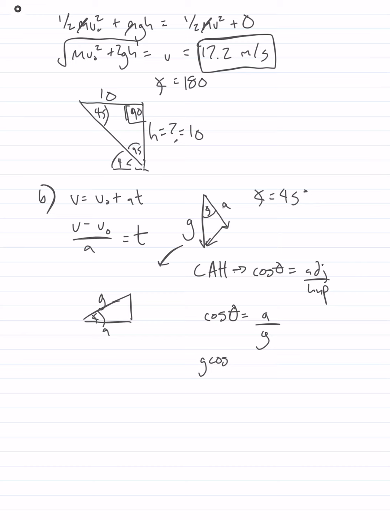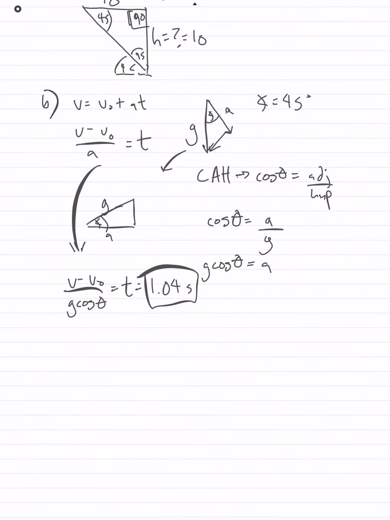So g cosine of theta is equal to a. So we can plug that in up here, giving us t. I'll just rewrite the equation very quickly. v minus v0 over g cosine of theta is equal to t, which will be equal to 1.04 seconds when you plug everything in.